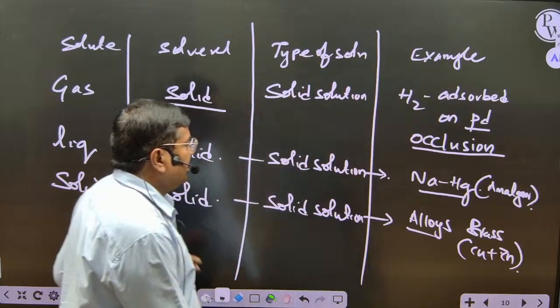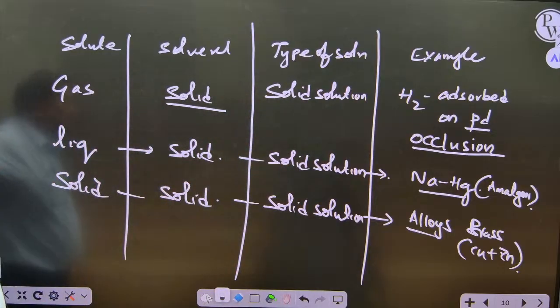So total how many types of solutions we come across? 9 types. What are those? One is gaseous solution, one is liquid solution, another is what?